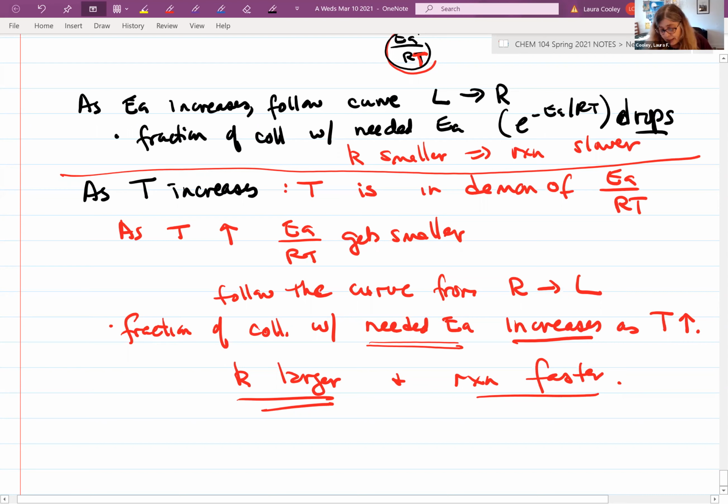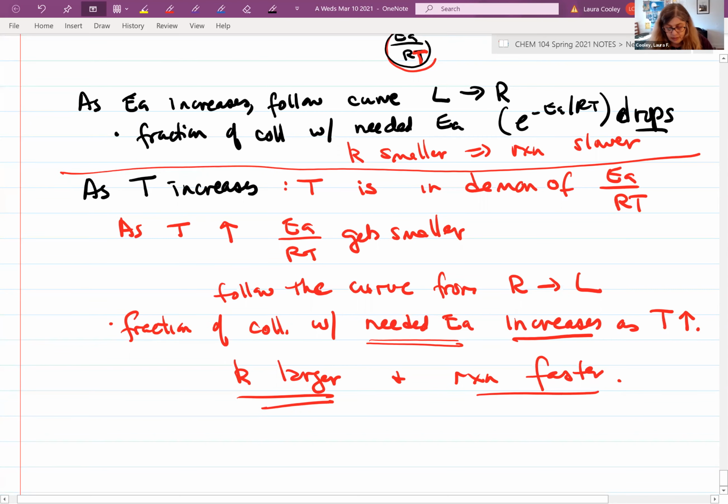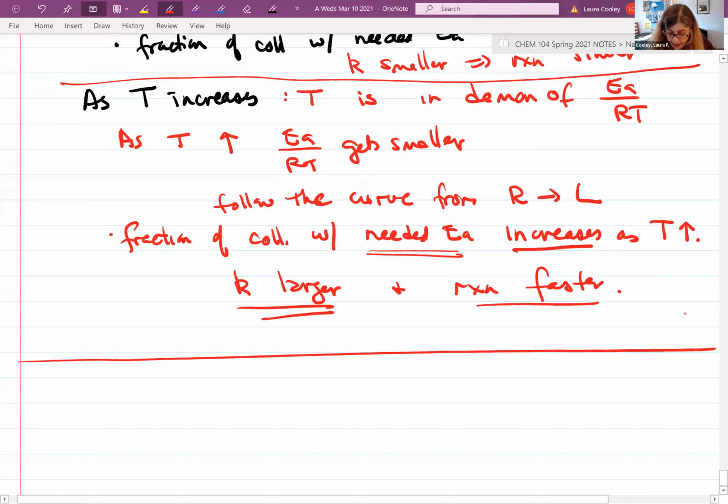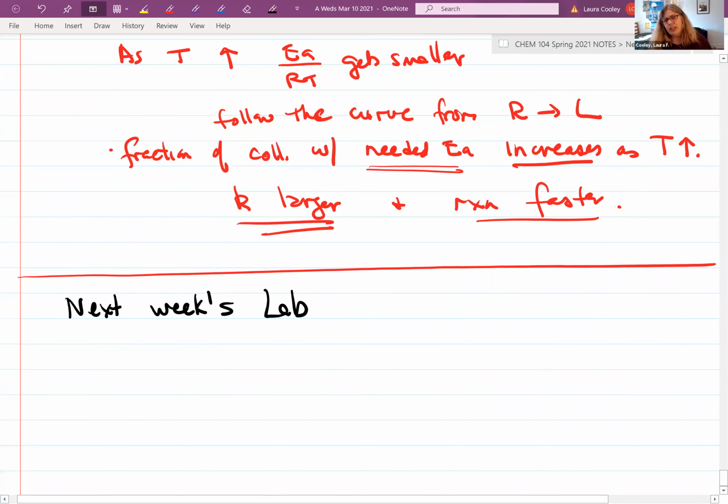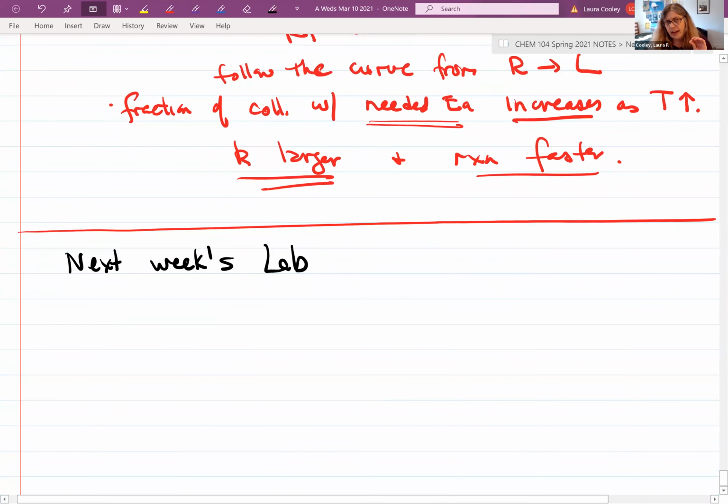So I do want to get to another thing, which is next week's lab. I'm not so much going to tell you about next week's lab as to talk about the equation that you end up using in that lab and the graph that you end up making.